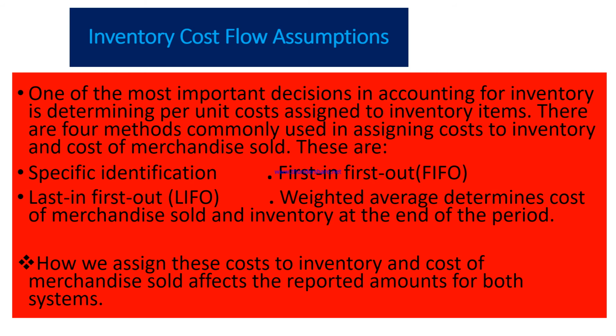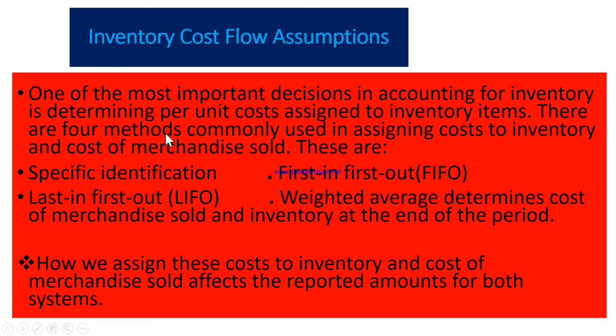The next point is about inventory cost flow assumptions. One of the most important decisions in accounting for inventories is determining the per unit costs assigned to inventory items. Each inventory cost will be assigned by using the inventory cost flow assumptions.